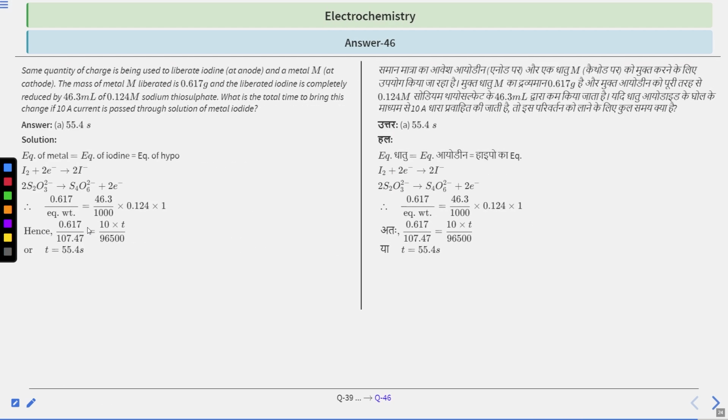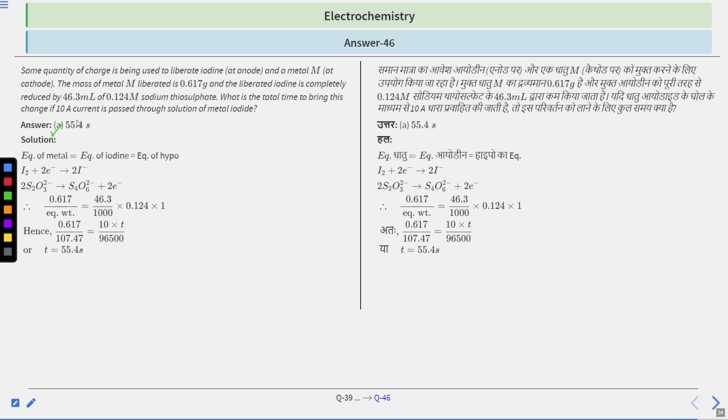Okay, let's see. The correct answer is option A, that is 55.4 seconds. We are given that the same quantity of charge is used to liberate iodine and metal, so the equivalents of metal equal the equivalents of iodine. We can also set this equal to the equivalents of hypo, because all the liberated iodine is completely reduced by sodium thiosulfate of this concentration.